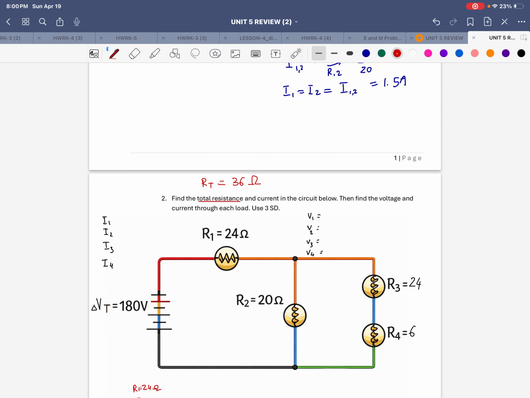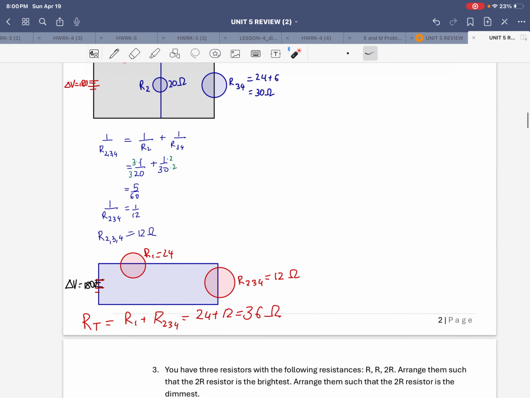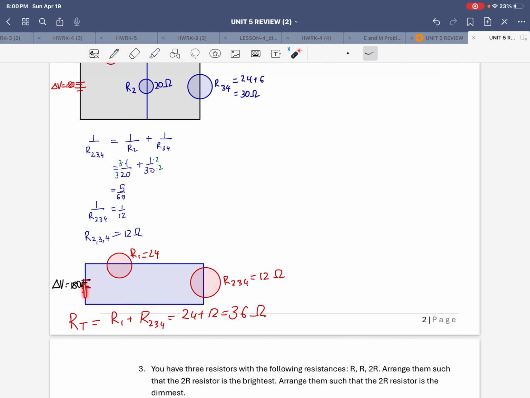Now, we're also asked to find the voltage and the current through each load. So I'm going to start off here. I want to find what the current is. So the current in this circuit, we can work backwards. I'm going to use green in here. So I total in this final circuit is going to be V total divided by R total.